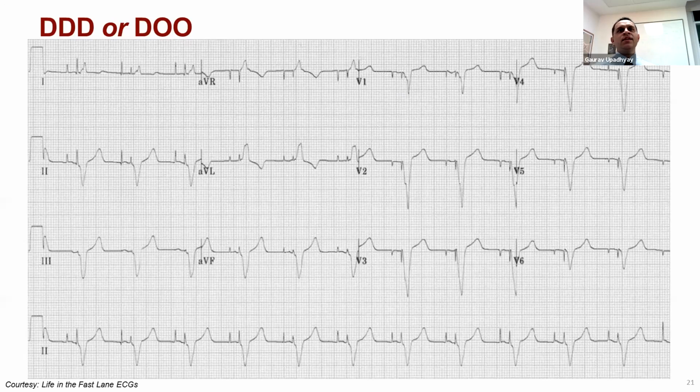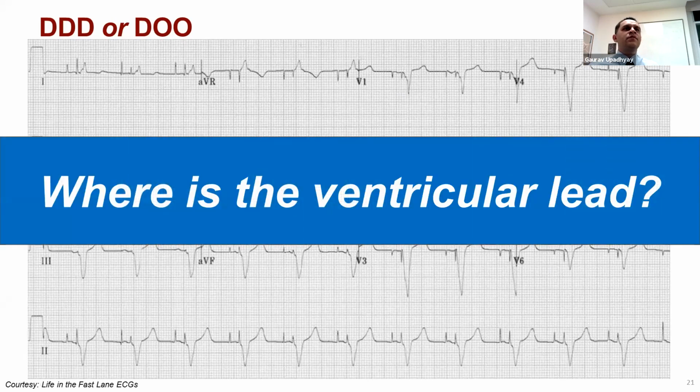And the reason they're QS, and this tells you just how apical it is, is that even V6, which is in the same plane as the fifth intercostal space, all the way at the mid-axillary line, looks like it's traveling away because it's the furthest most tip of the right ventricle that reaches that point. But you can take advantage of this when thinking about lead placement with biventricular systems or also with other lead placements for the RV.